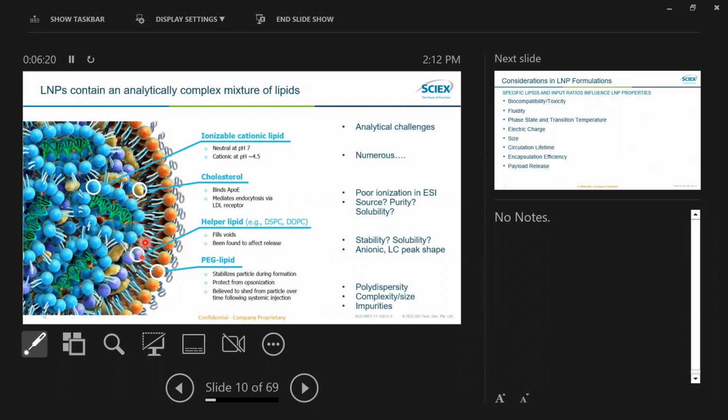These encapsulated molecules are very difficult to analyze. So there are numerous analytical challenges, and there are several different quality attributes that, in the development and process analytics, need to be considered for making a material that can be delivered.